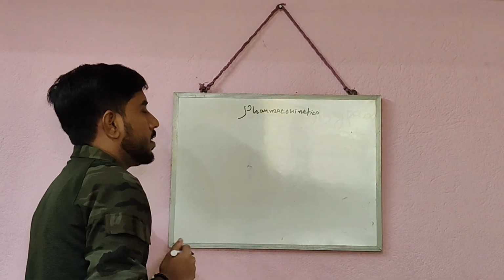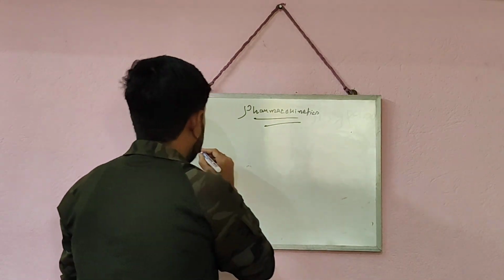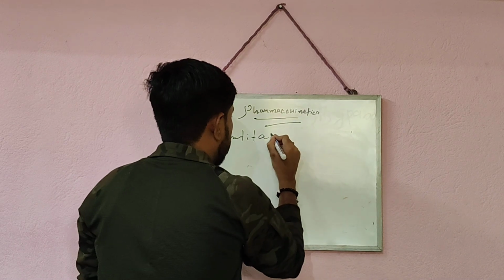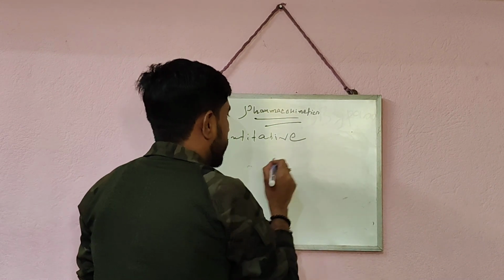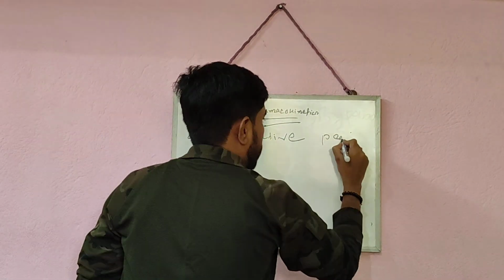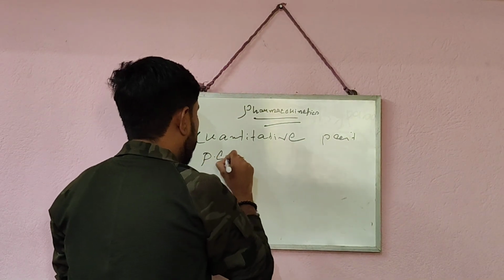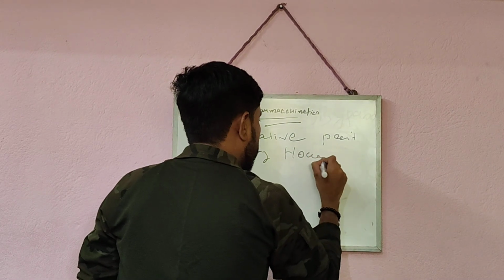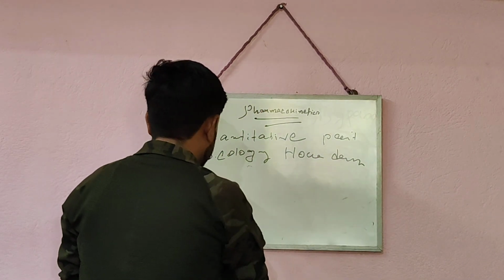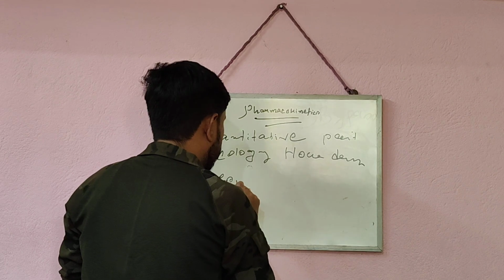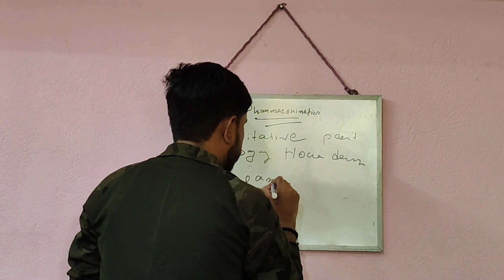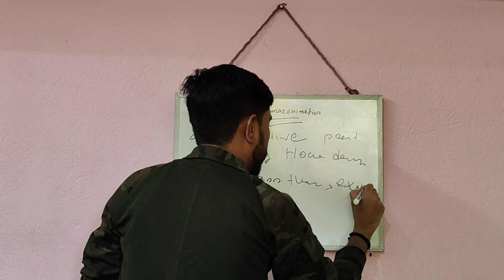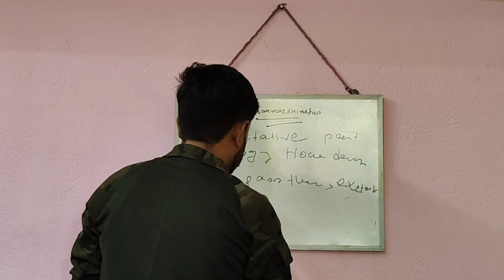So what is pharmacokinetics? Pharmacokinetics is the quantitative part of pharmacology, where we study how the drug goes into the body, passes through the body, and then is excreted out from our body.